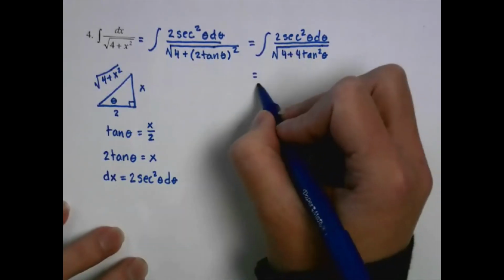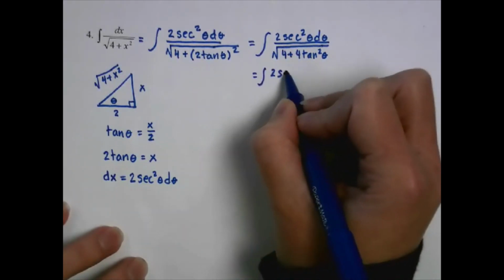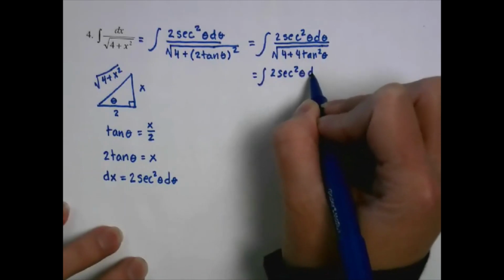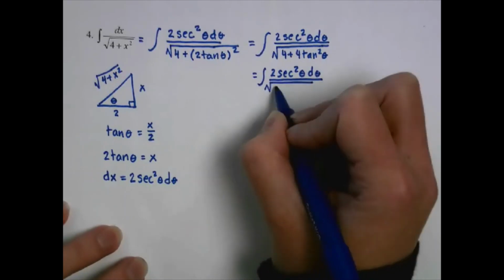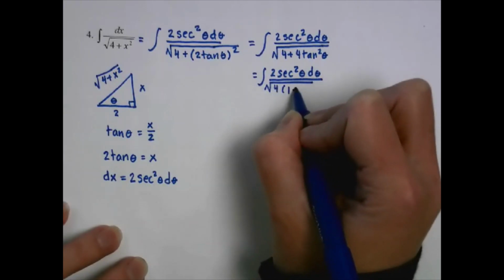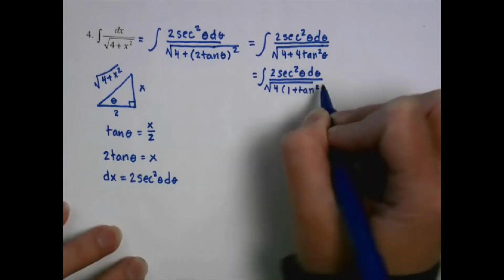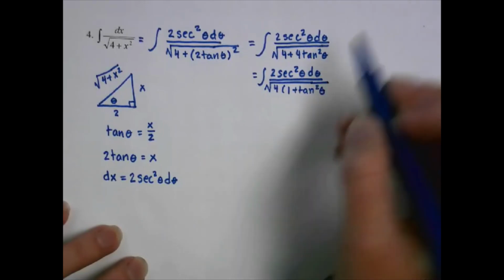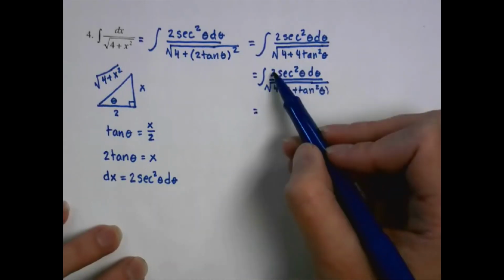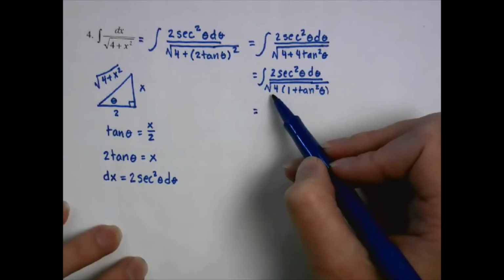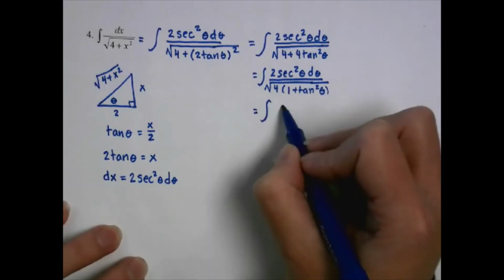All right. So we'll factor out that 4. So we're going to have the square root of 4 times 1 plus tangent squared. This is an identity. So we're going to have 2 over the square root of 4, which is 2. So those are going to go away.